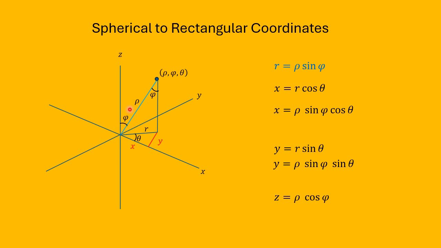Also, by looking at this large right triangle with an angle phi right here, we can see that z is rho times cosine of phi. So these 3 formulas tell us how to go from rho, phi, and theta to x, y, and z.